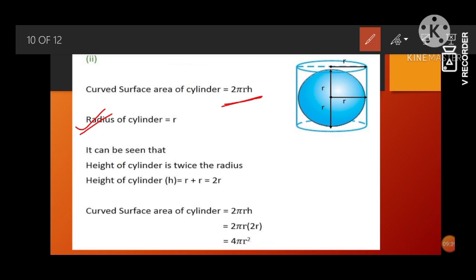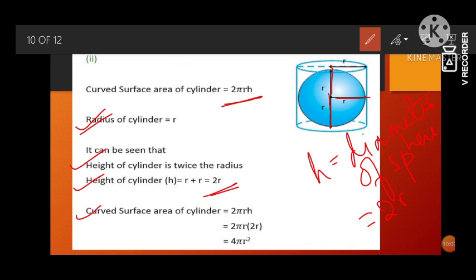Now if this portion is r, obviously the radius is included at top as well as in the bottom. So the height will be equal to the diameter of the sphere. So the diameter will be 2r. So height of this cylinder is twice the radius, so height h is equals to 2r.